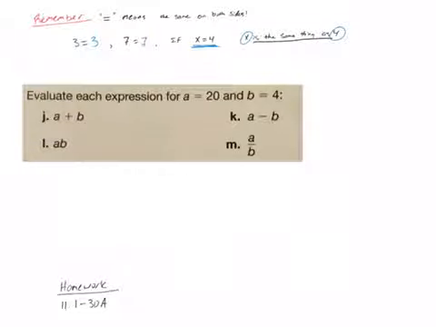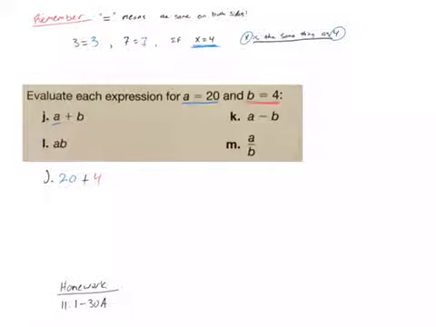So coming down here, then it says evaluate each expression for a is equal to 20 and b is equal to 4. So notice b is equal to 4 and a is equal to 20. So as we come to j, it says a plus b. Remember, a is 20 plus b, which is 4.